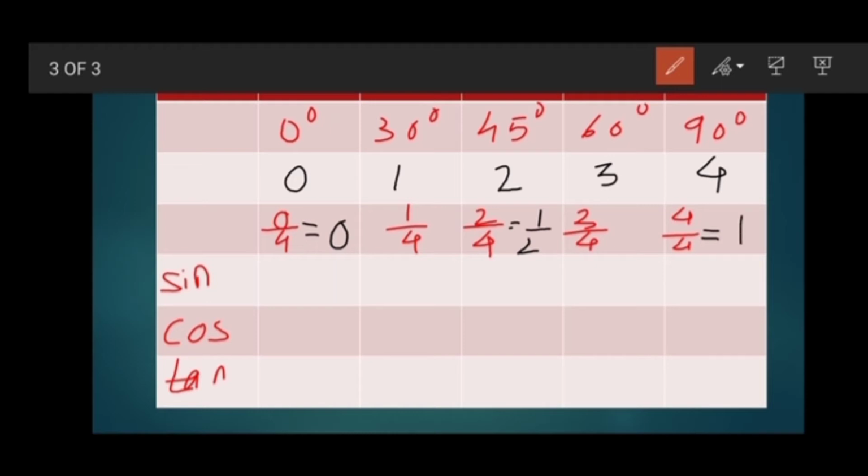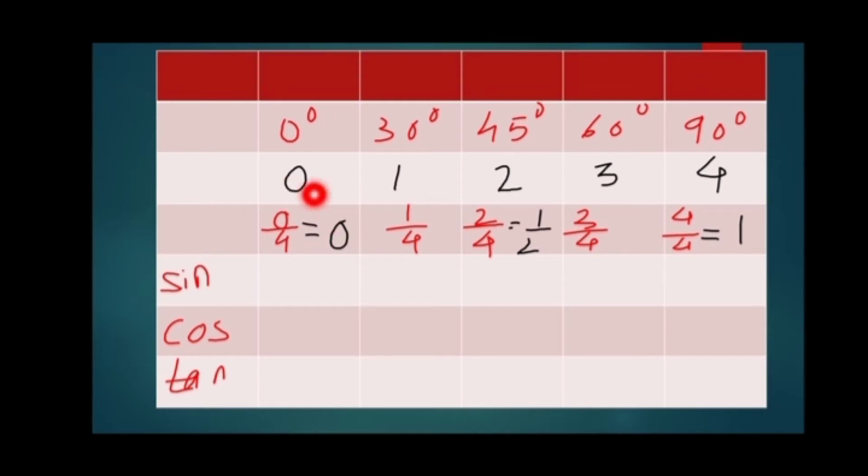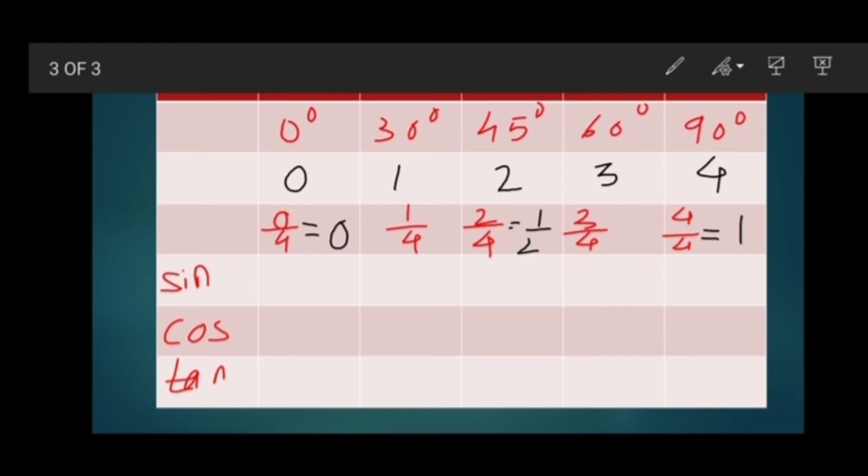So first we have taken 0, 1, 2, 3, 4 numbers, and we have divided them by 4. Now the next step is that you have to take the square root of these numbers. Square root of 0 will be 0. Square root of 1 over 4: square root of 1 is 1, and square root of 4 is 2.